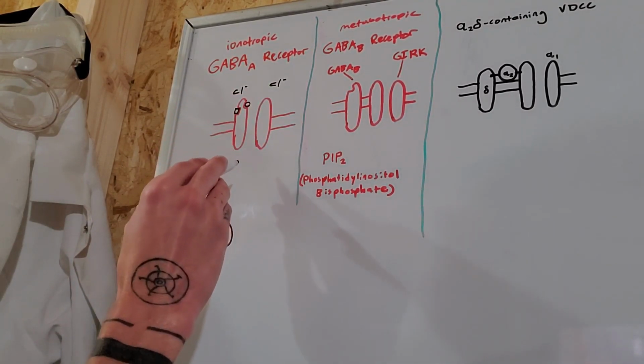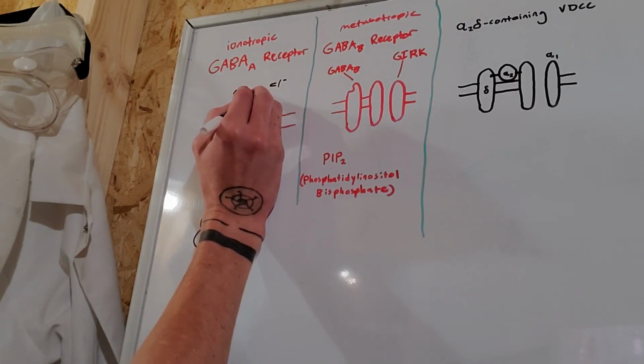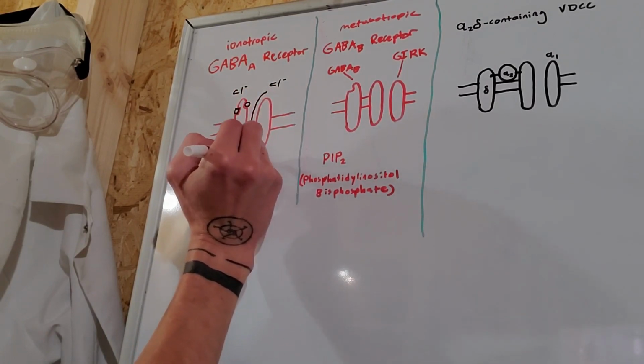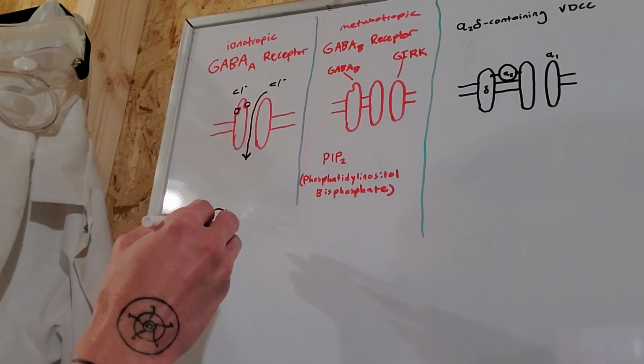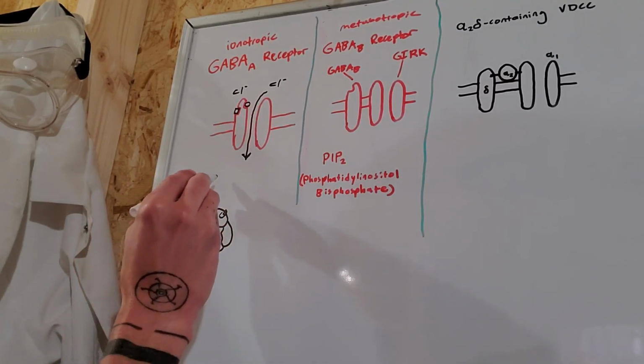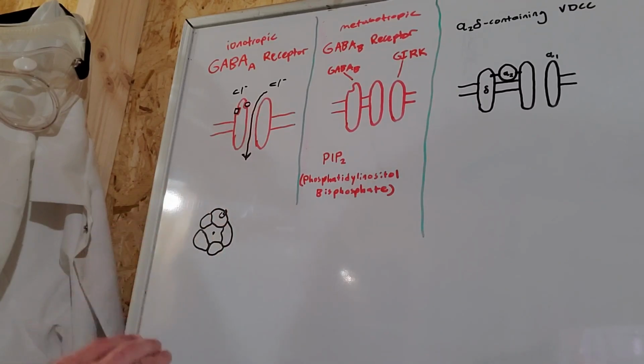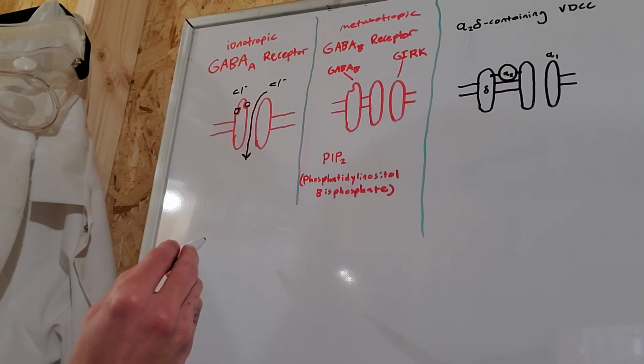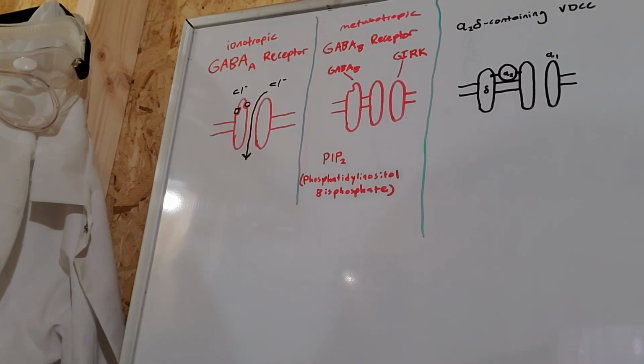And when this opens, it allows those to be transported into the intracellular neuron. And what that does is it increases the polarization of the cell.